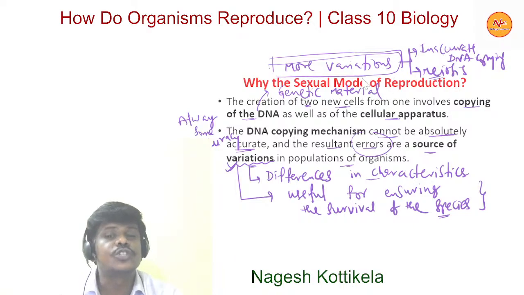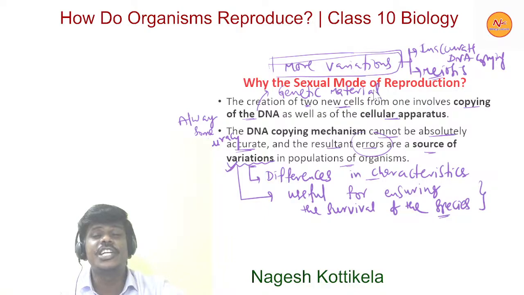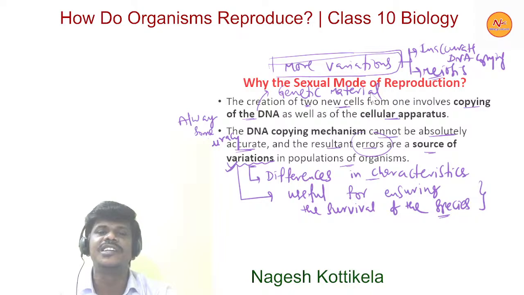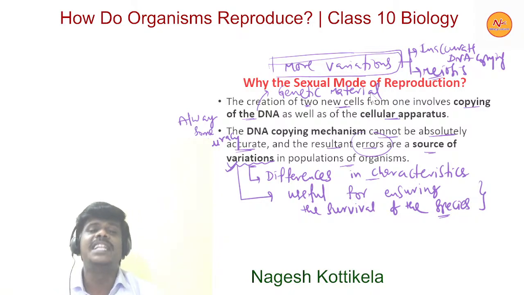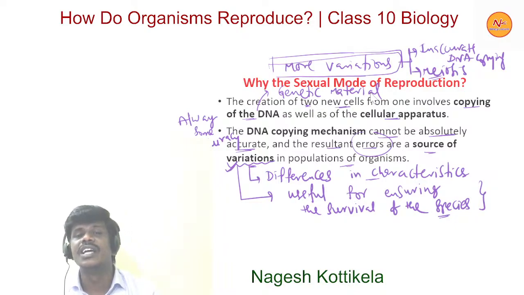As the sexual mode of reproduction generates more variations, and these variations are accumulated in every generation, they enable the organism to adjust to changing environmental conditions. Also, in the long run, the variations generated during sexual reproduction form the basis for the evolution of new species. So this is the importance of variations created during the sexual mode of reproduction.